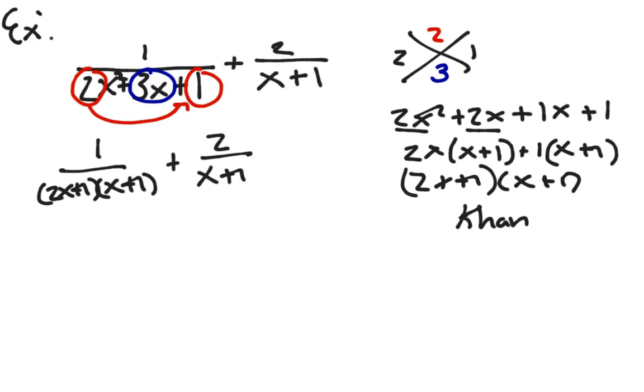But this denominator is, the x plus 1 is being multiplied by 2x plus 1, whereas this denominator isn't. That means my common denominator can be achieved by multiplying x plus 1 by 2x plus 1. So I'm going to multiply top and bottom of my second fraction, or my second rational expression, by 2x plus 1 and 2x plus 1.